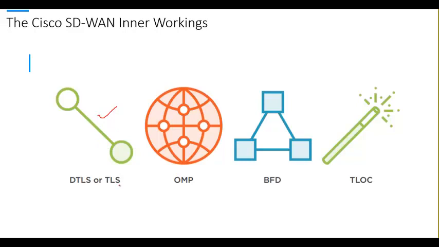So what we have seen is inside this tunnel, multiple protocols with many pieces of information are passed. Secondly, these tunnels are established between the controllers and WAN edges as they come in to form a fabric.